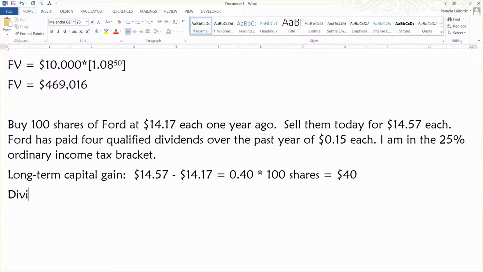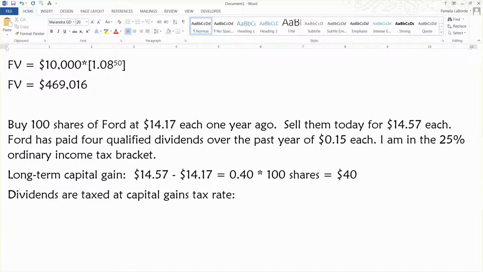And then the dividends will be classified as, I only have to pay the long-term capital gains rate. So they're taxed at the capital gains rate as well, which again is a good thing because it's lower than the ordinary income tax bracket.